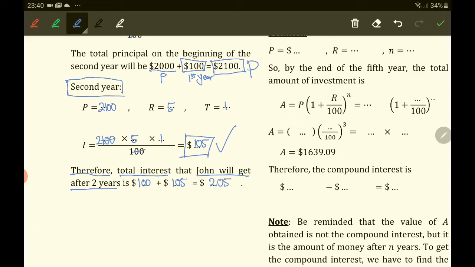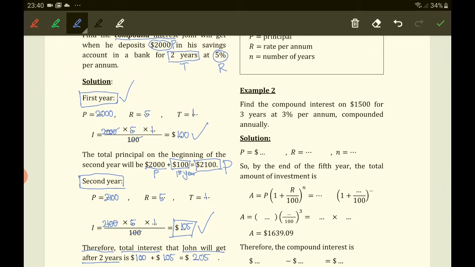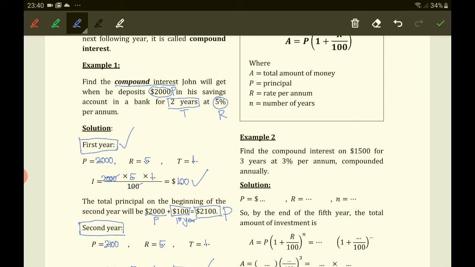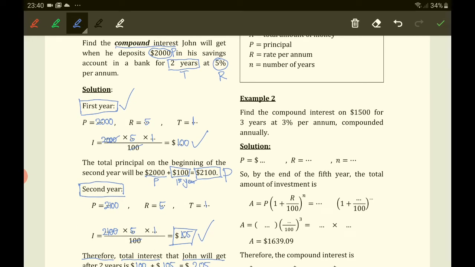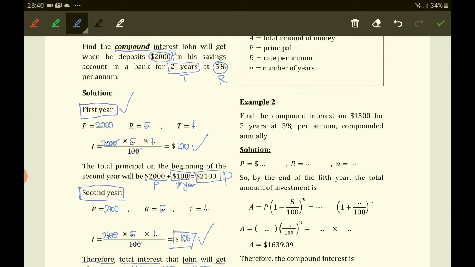This is compound interest. It's quite different from simple interest, because you will have a new principal in the following year. So that is example 1.